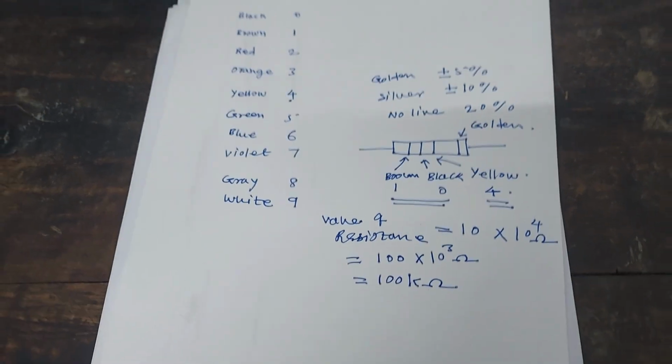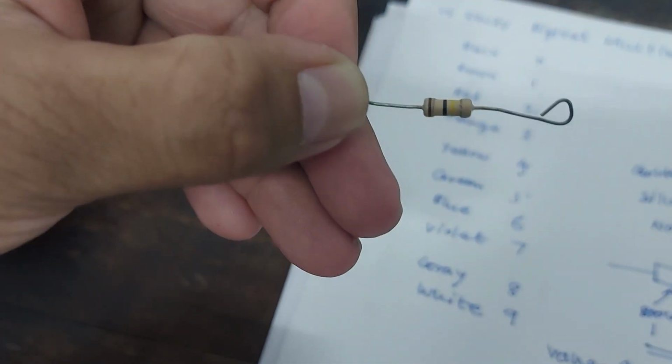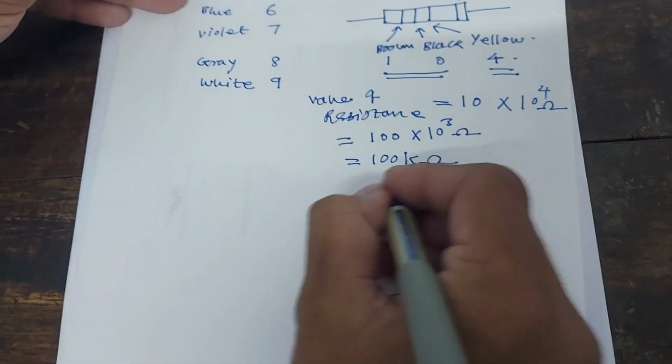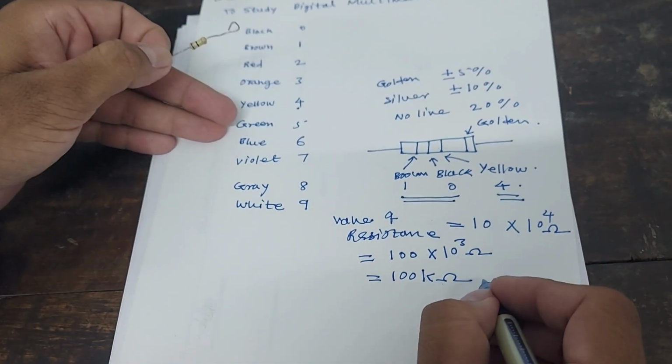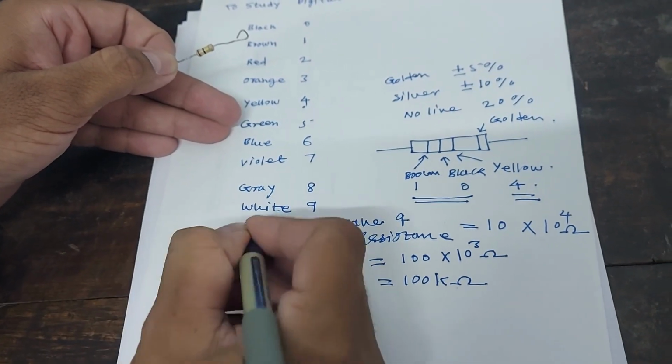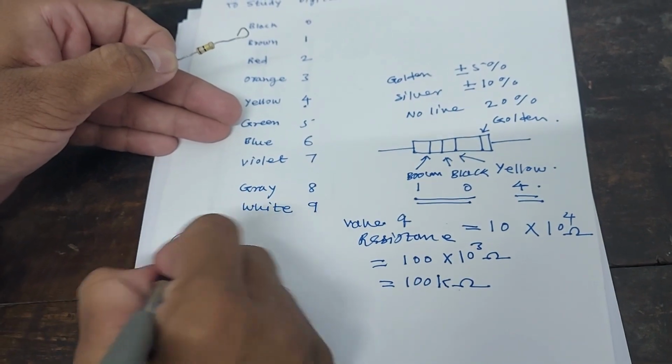Okay. Now, next thing: the last line on this resistance is a golden color line. Therefore, the tolerance is plus or minus 5%. To get this tolerance, we have to find the plus or minus 5% of 100K.